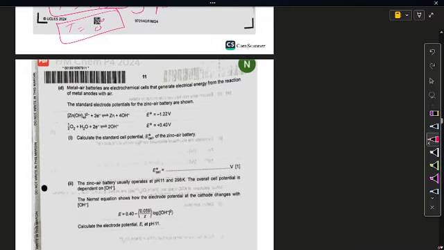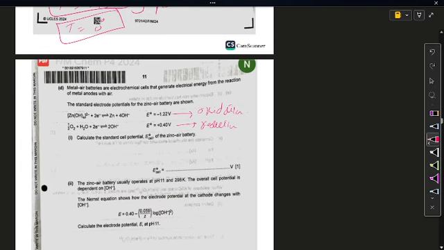Calculate the standard cell potential of the zinc cell battery. This is about electrochemistry. Here the E potential value is negative, and here the E potential value is positive. It means that here is reduction and here is oxidation.